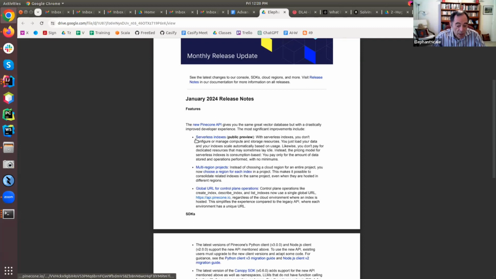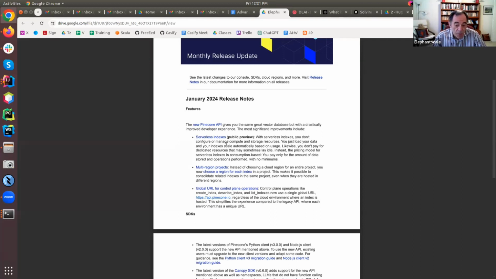But what they advertise is serverless indexes. We already use them. Serverless indexes are just the same as regular ones, except that you don't ask for a virtual machine and pay $70 or $80 at least a month for that, but instead you're charged for the data that you use and for the processing that you use.